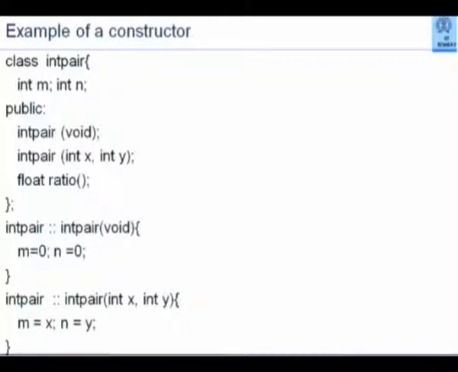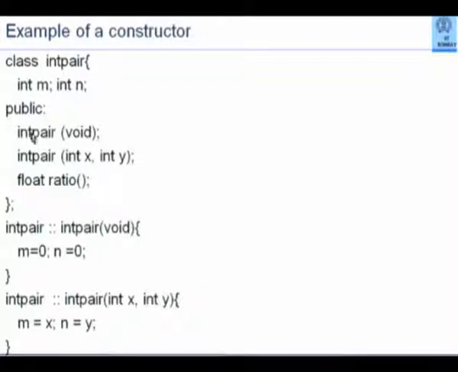Now that is as far as the operation is concerned. We don't envisage any other operation other than setting the values through the function. So I can say set int pair, which could be another function here. What I have described here are constructor functions in two different forms.